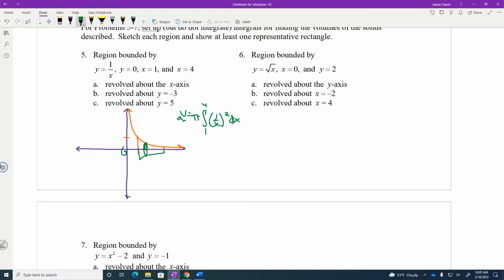If we're to revolve around y equals -3, put our axis down here, and then think about our outer and our inner. Still the same setup. So what's the outer radius?